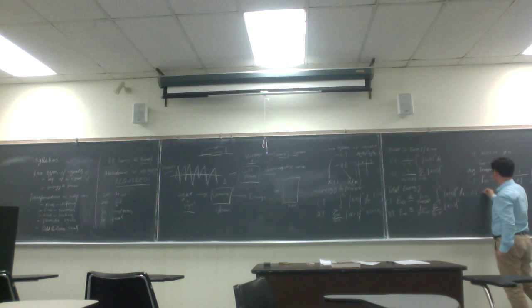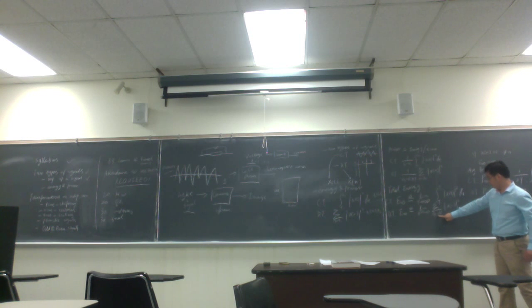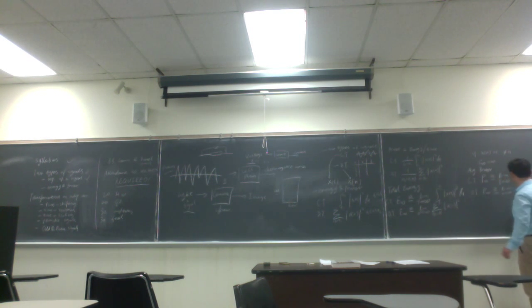For discrete time, you can define similarly the average power to be the limit as N goes to infinity, where the time interval now will be 2N plus 1, so 1 over 2N plus 1, and then the sum from minus N to N of x[n] squared.